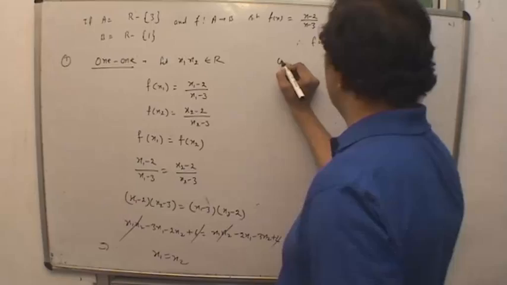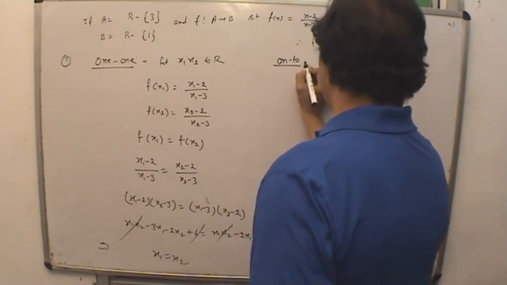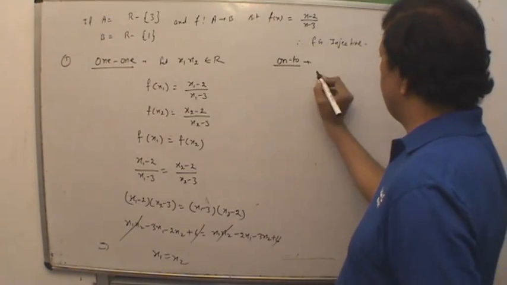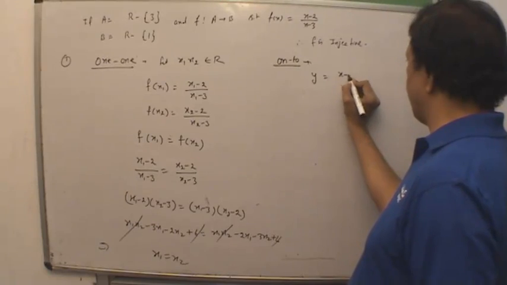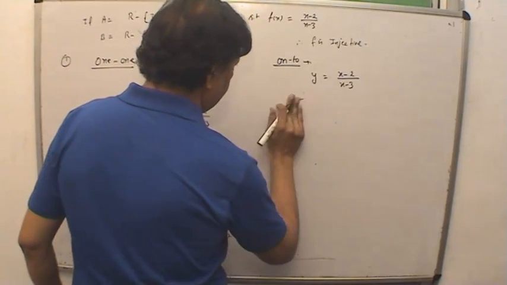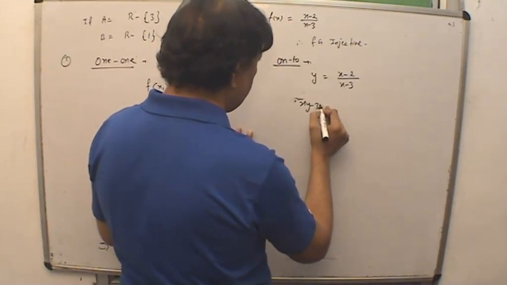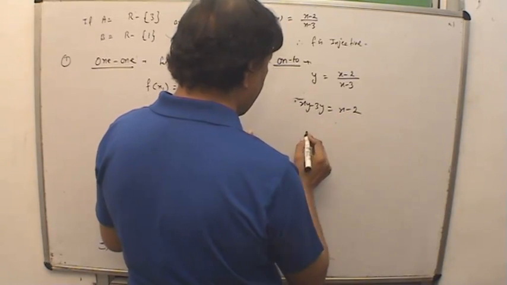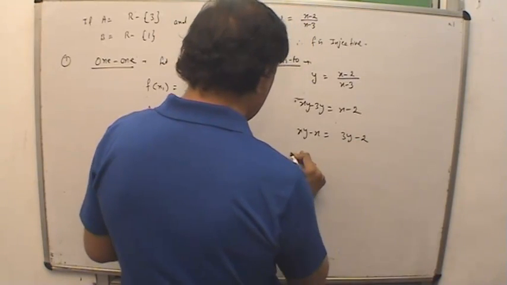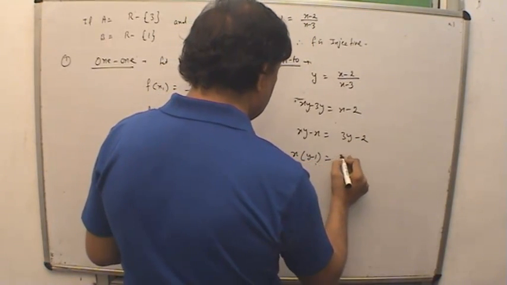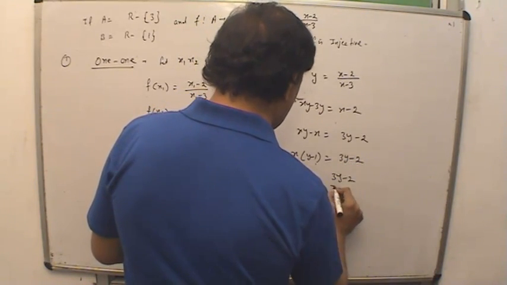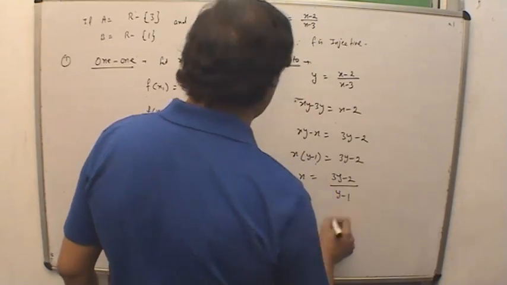And for onto, we consider from inside the mirror. Let y be equal to x minus 2 upon x minus 3. Cross multiply: xy minus 3y is equal to x minus 2, xy minus x is equal to 3y minus 2, x into y minus 1 is equal to 3y minus 2, then x is equal to 3y minus 2 upon y minus 1.